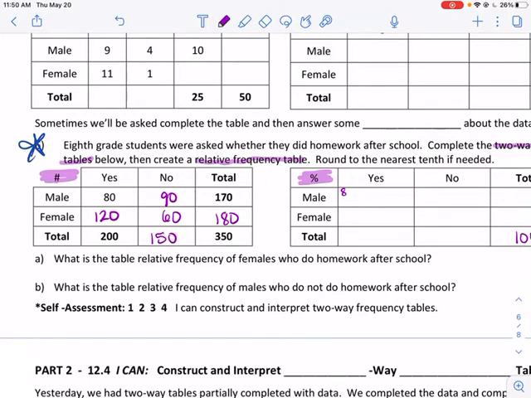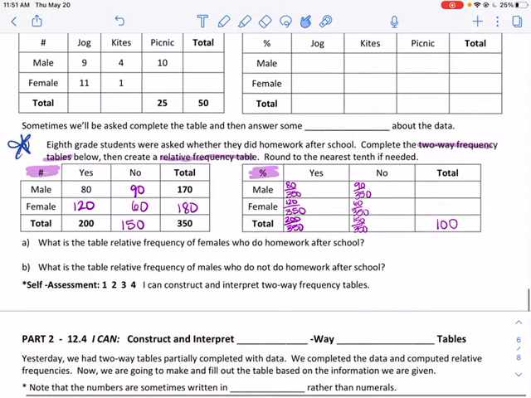I'm going to put each number over the total. So 80 over 350, 120 divided by 350, 200 over 350, 90 over 350, 60 over 350, 150 over 350. So you divide them to find out the percent, and then you can either multiply by 100 or just read it up until the hundredths place to find the percent.